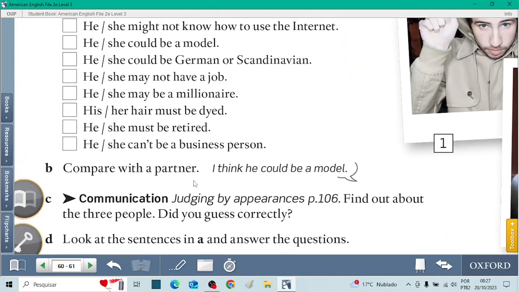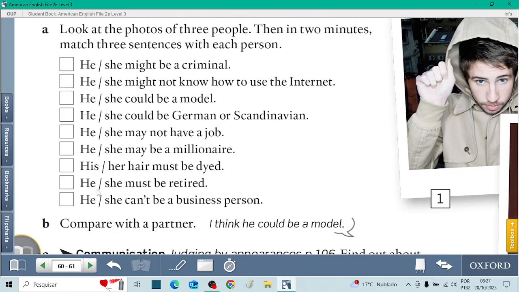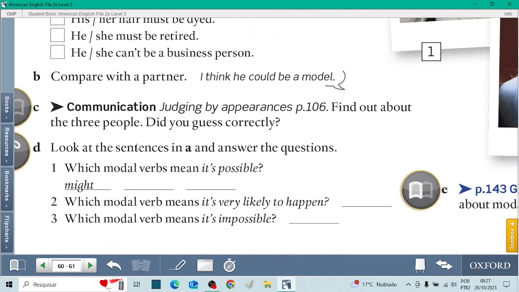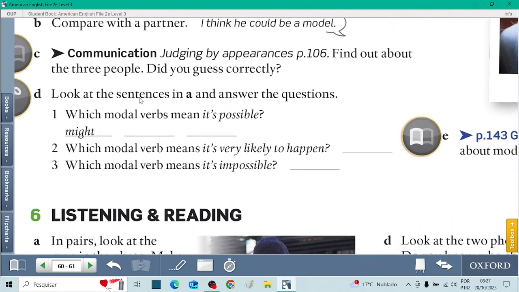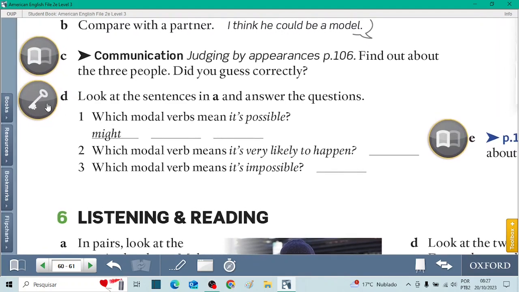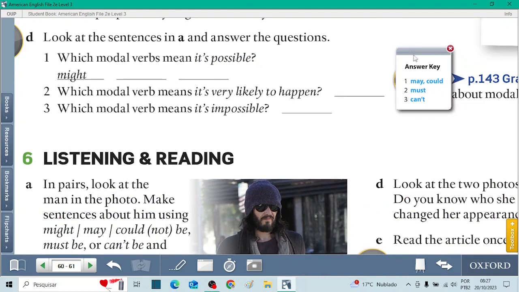Here, you will look at the sentences here in A. Okay? And answer these questions here about the modal verbs. All right, let's then check your answers. Fantastic.